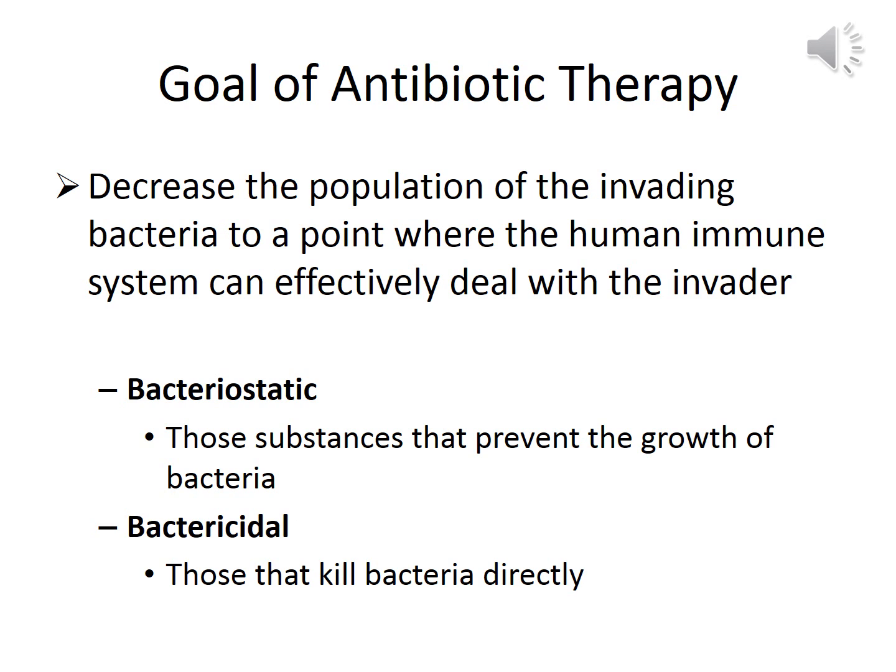And as alluded to earlier, we have two different broad categories of antibiotics: those that are bacteriostatic versus those that are bactericidal. Bacteriostatic antibiotics just prevent the growth and multiplication of the bacteria and rely on the immune system to clear the bacteria on its own.